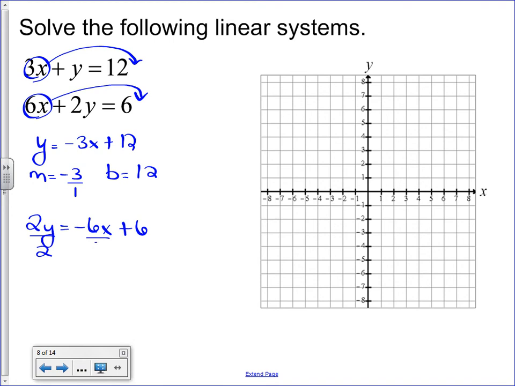Good. Divide by 2, divide by 2, divide by 2. So what do I get? So what's my m here, Jeff? Good. What's my b?